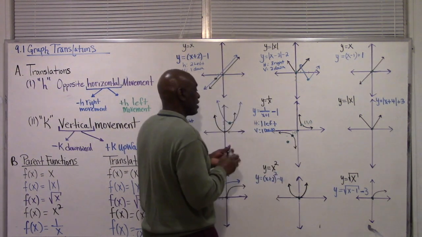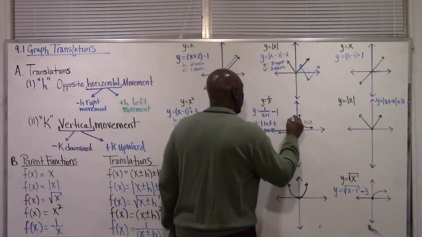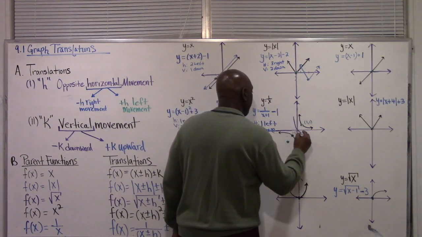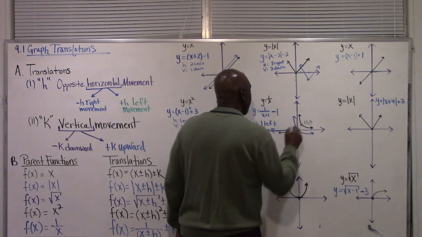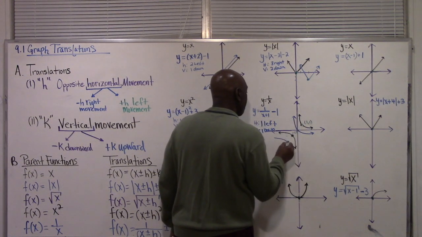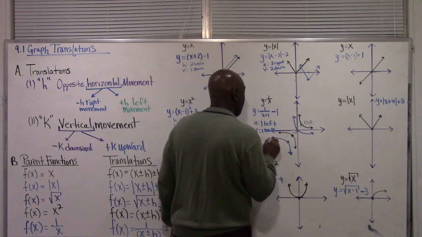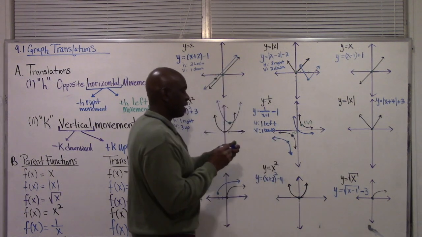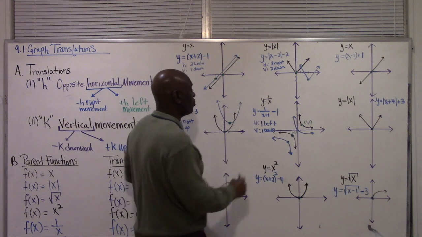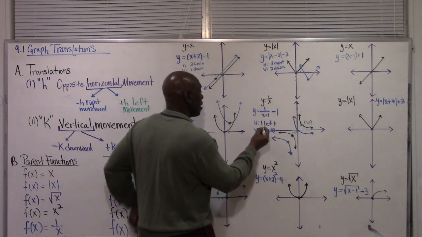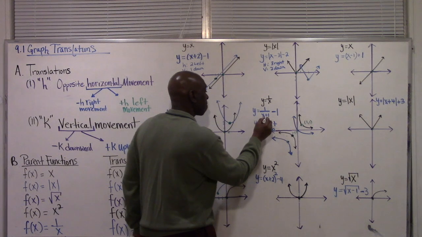All right, so sketch the graphs. It's going to look like this. And there you go. That's it. We want 1 left. It's 1 left because of this one.